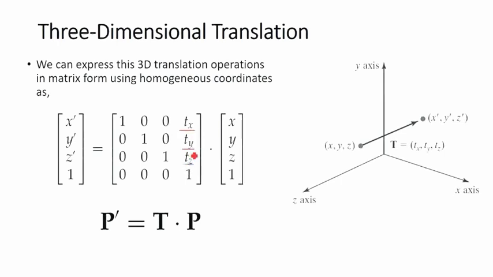If we multiply this matrix with a point, then the offset tx is added to x, the offset ty is added to y, the offset tz is added to z, and the result will be the new point. So t is the notation that we use to represent this matrix. This matrix again is in homogeneous coordinates.